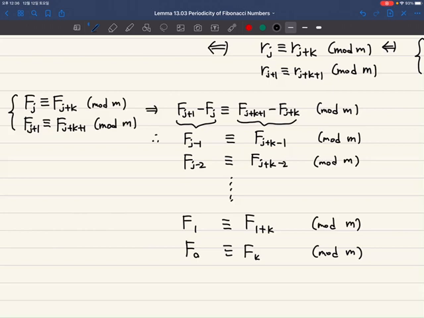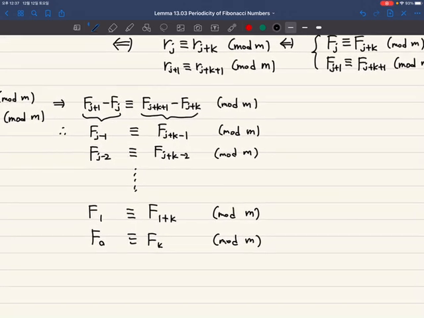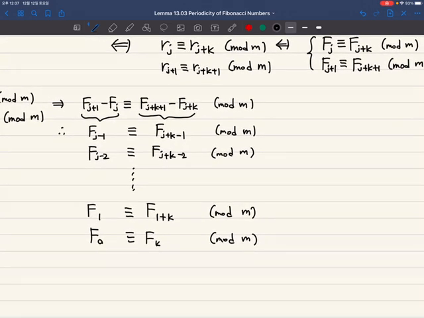From here we notice that we can prove that they are periodic, because f1 is congruent to f1 plus k and is congruent to f1 plus 2k, and so on.